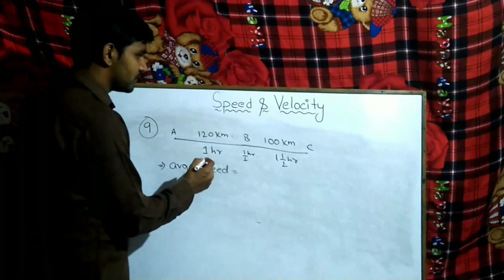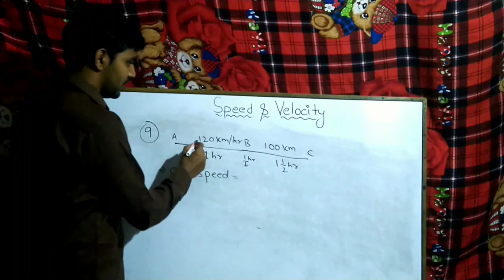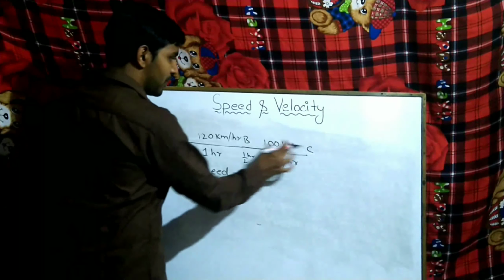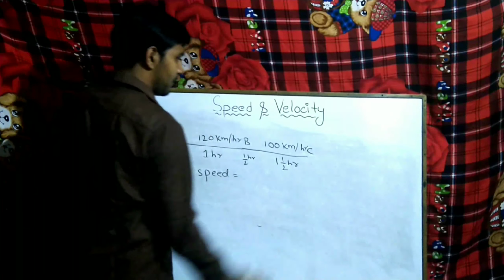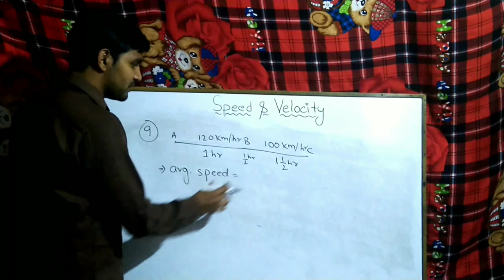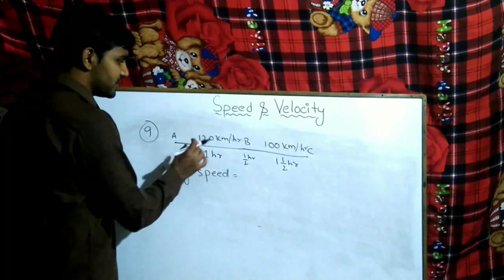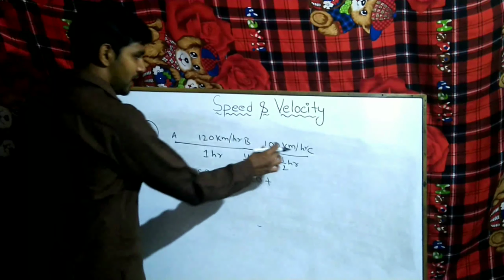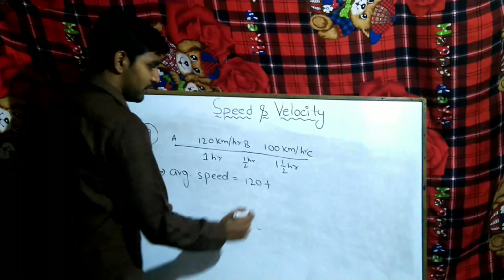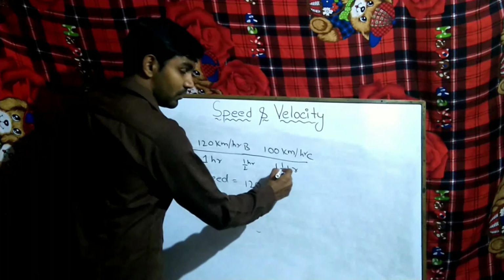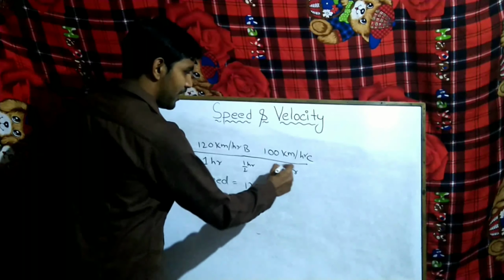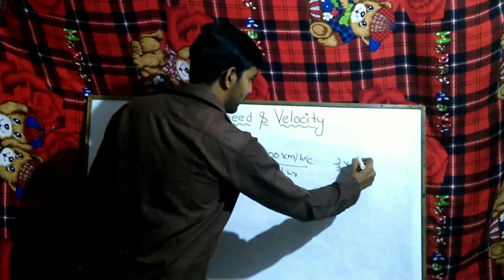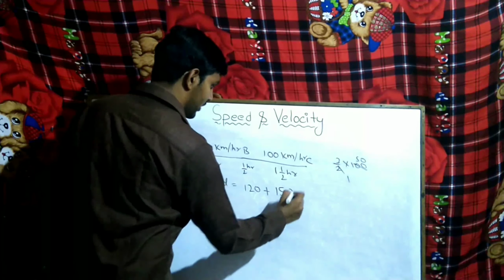Say from A to B speed is 120 km per hour and from B to C it will be 100 km per hour. So distance is speed into time. So you get 120 plus, now speed into time from B to C. This is 3 by 2 into 100. So you get 150. Okay.